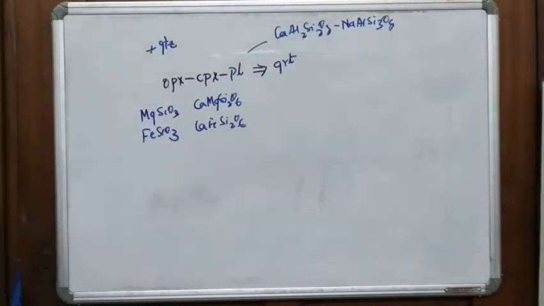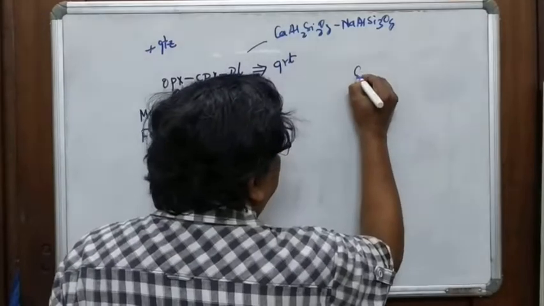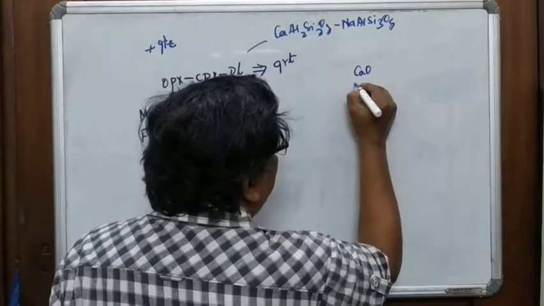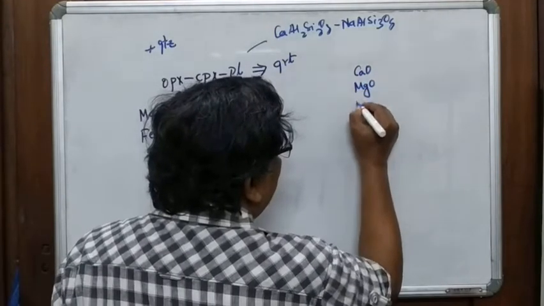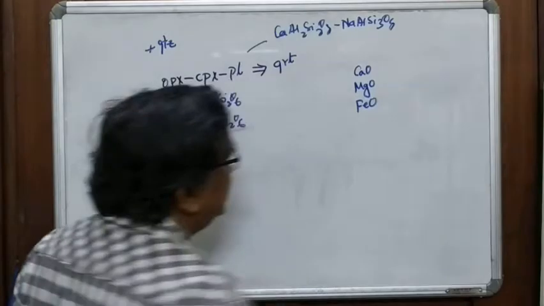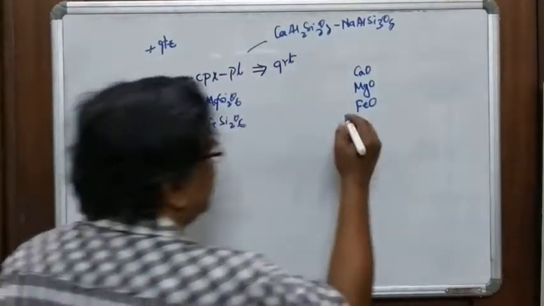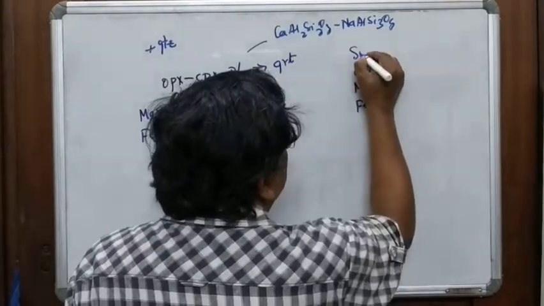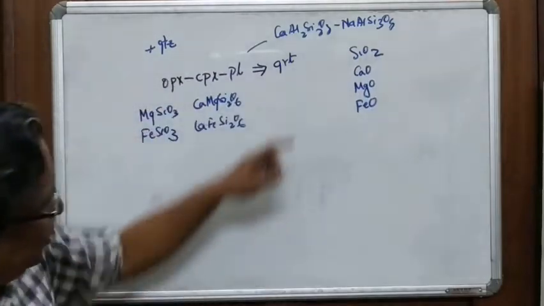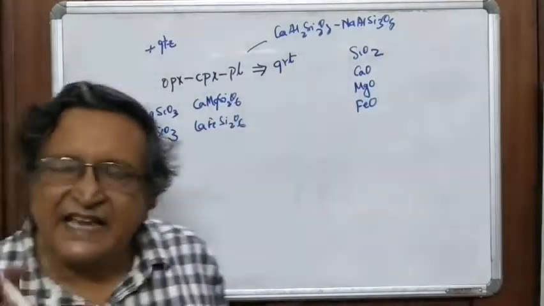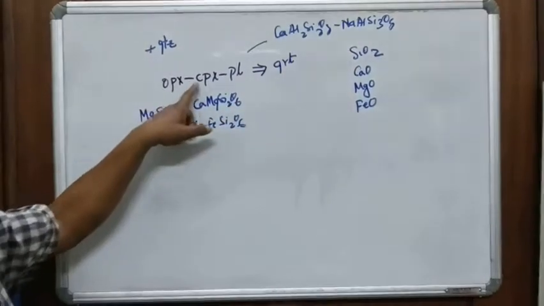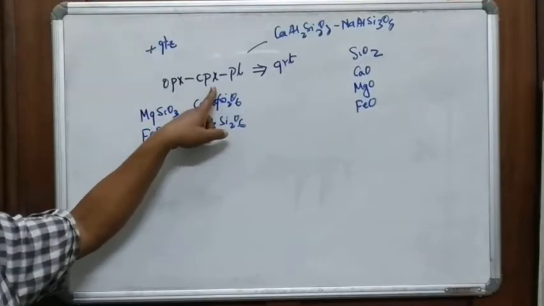So now if you look at the components, it will be CaO, MgO, FeO. And you have SiO2 of course. So you have SiO2, CaO, MgO and FeO. This takes into account orthopyroxene and clinopyroxene.